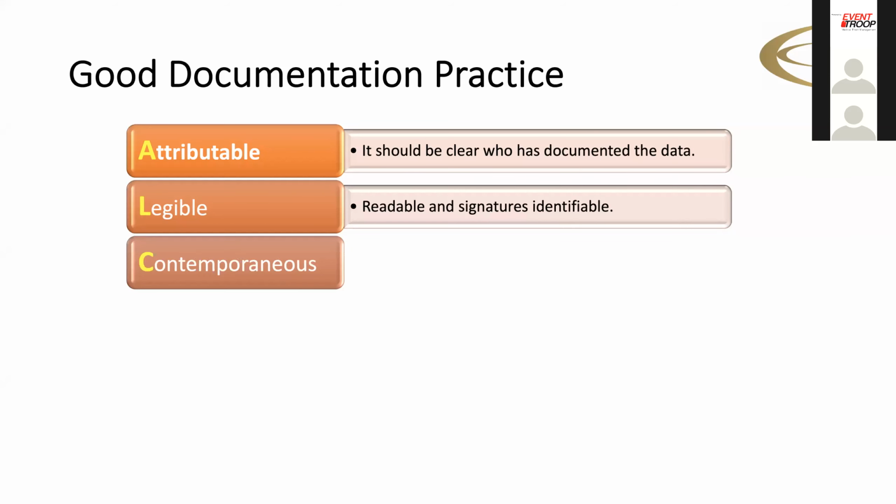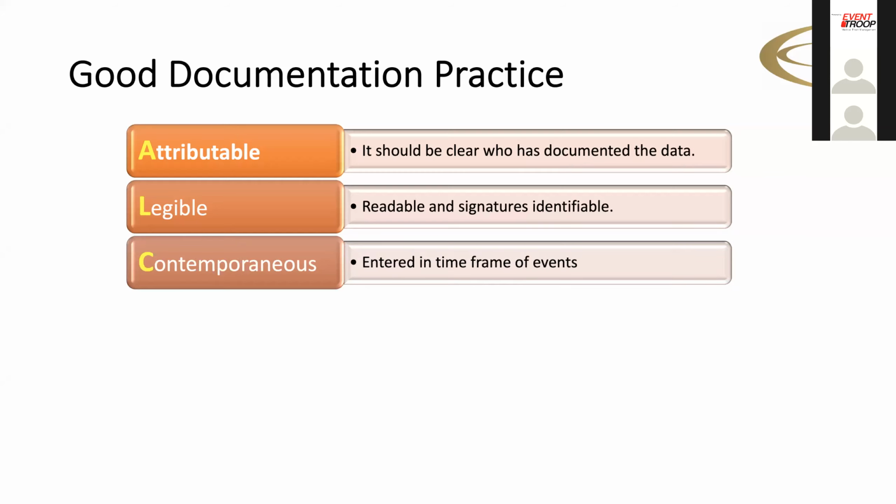It should be contemporaneous. And what do we mean by contemporaneous? This means it should be entered in a time frame of events. So for example, if a subject comes in today, I take a blood pressure assessment or whatever assessment it is, I should document it in a time frame of events.